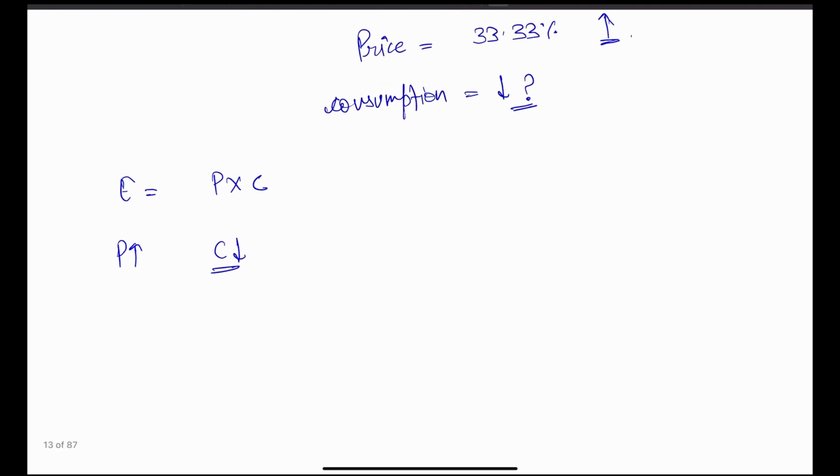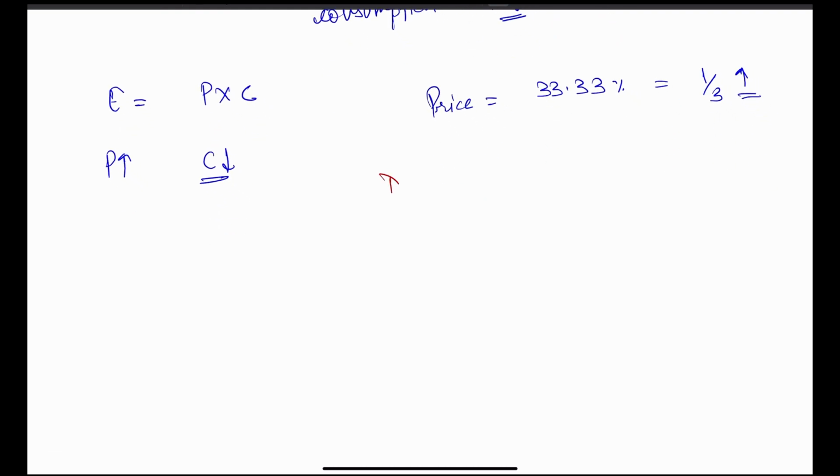The price increased by 33.33%, which is nothing but 1 by 3. If price is increased by 1 by 3, the consumption decrease will be, this being x by y increase, in the form of x by x plus y.